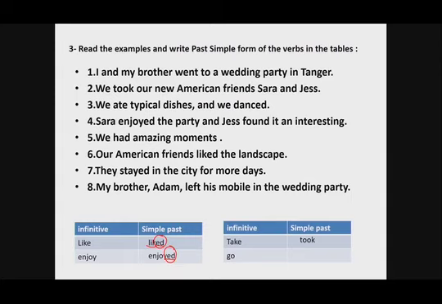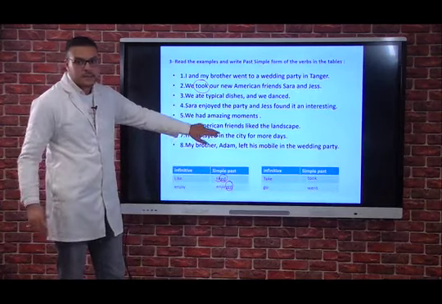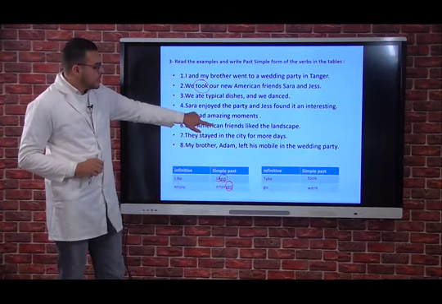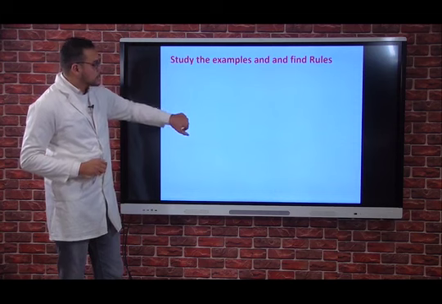The simple past of take is took. So we took our new American friends, Sarah and Jess, with us. Go, the verb to go, we say went. So when I say go in the past, I say went. So this is the form of the simple past of go.